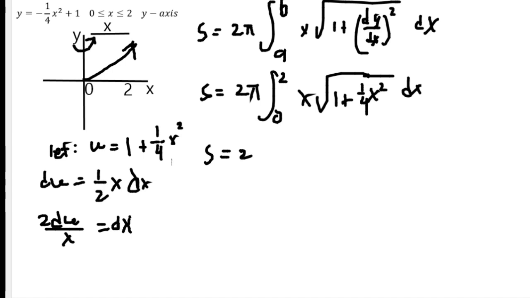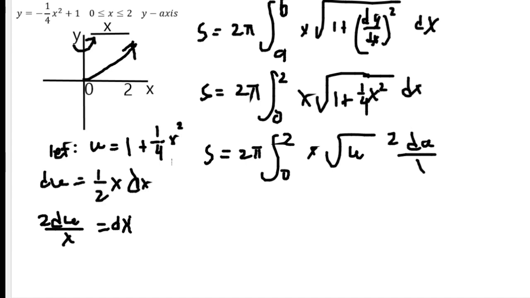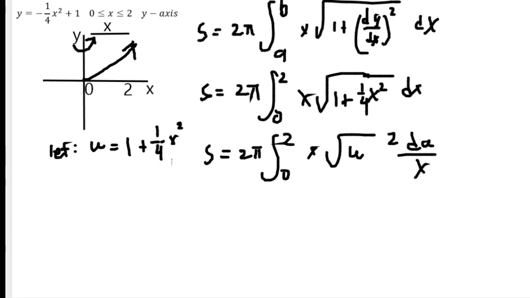So now the surface area is going to be 2 pi and integral from 0 to 2. Actually, we're going to replace it. We're not going to put 0 to 2 anymore. We're going to do some math here. Let's plug in x values. If you plug in x equals 0, we will have 1.